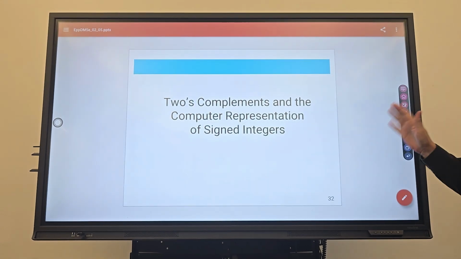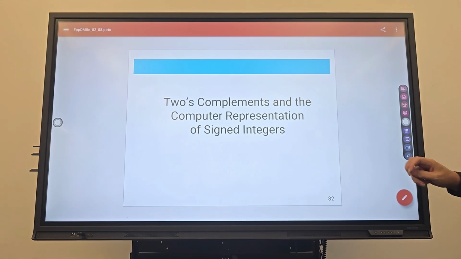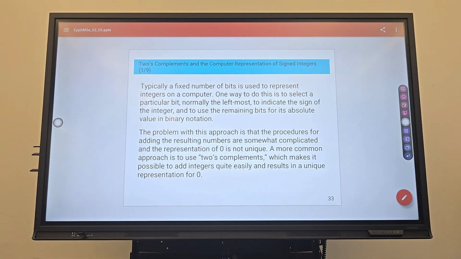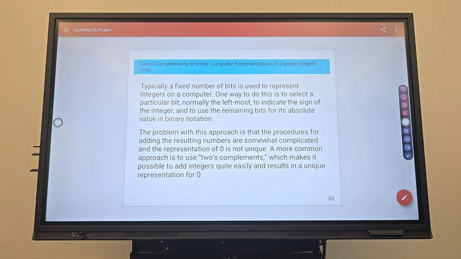Okay, 2's complement and the computer representation of signed integers. Typically, a fixed number of bits is used to represent integers on a computer. One way to do this is to select a particular bit, normally the leftmost, to indicate the sign of the integer, and to use the remaining bits for its absolute value in binary notation.